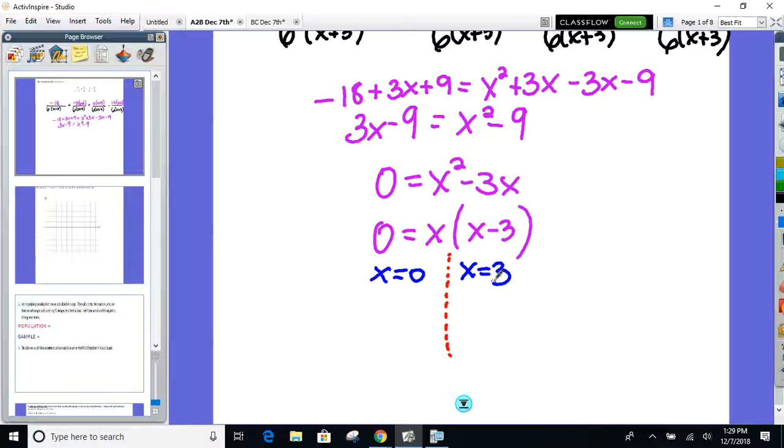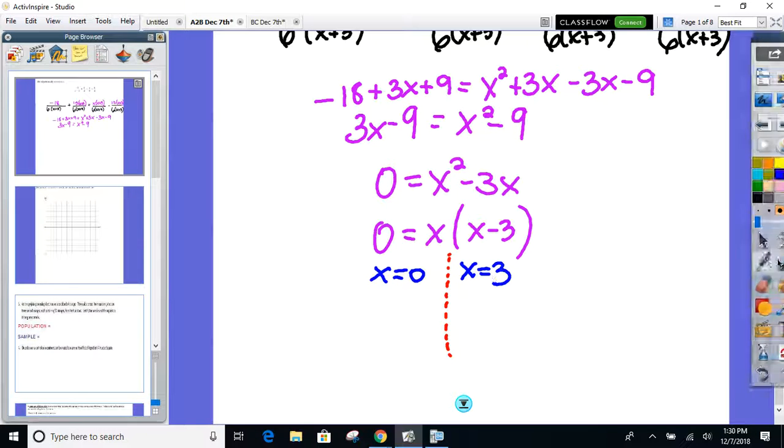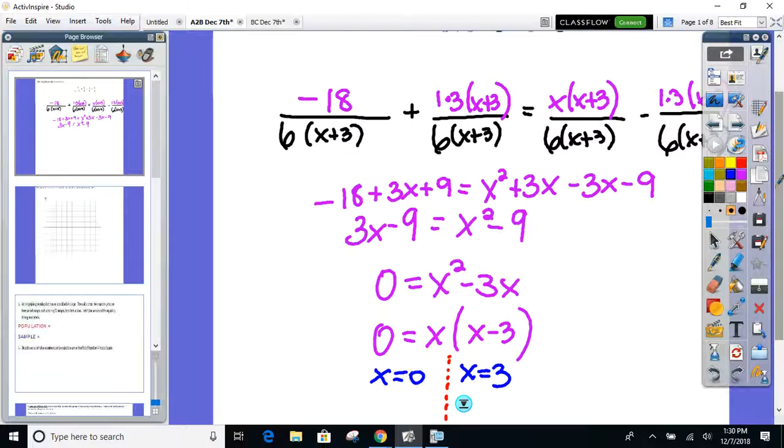Okay. I don't know if you're familiar with how the Regents is set up. I'm sure you've taken multiple ones, not only math ones, but other subjects. Do you know how long you have to stay? 2 hours. If you finish in 20 minutes, you have to stay an hour and 40 after. Why am I saying this? You don't have to do it now because we just don't have the time, but any time you're solving for x, you never know if you're going to have to reject an answer or not.